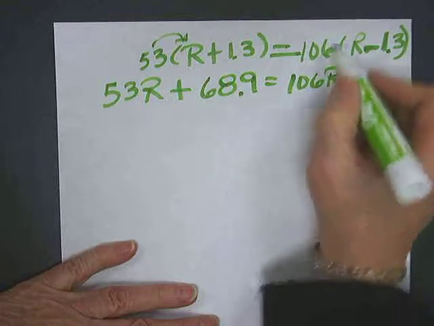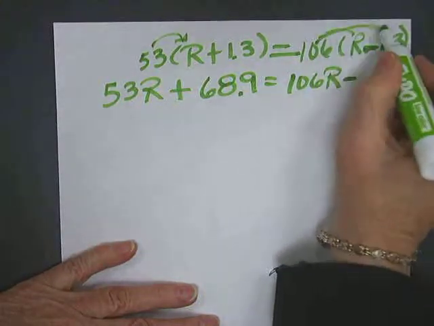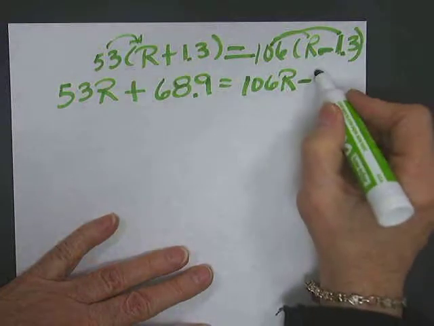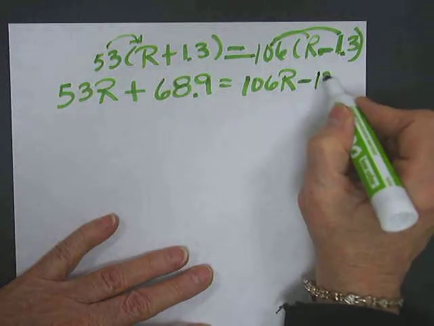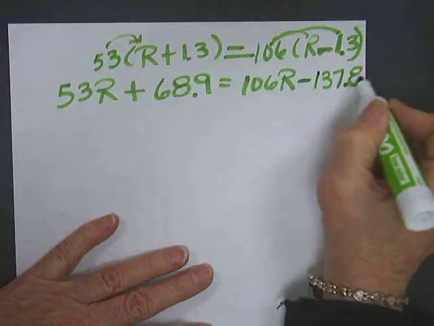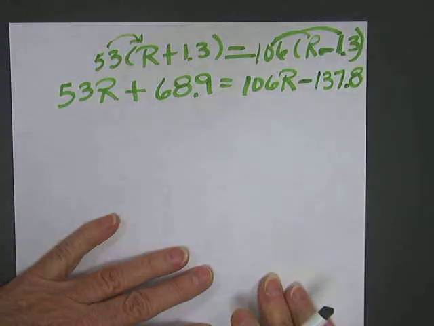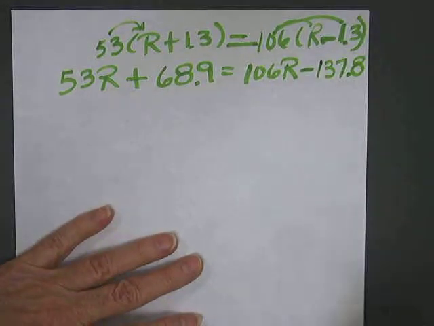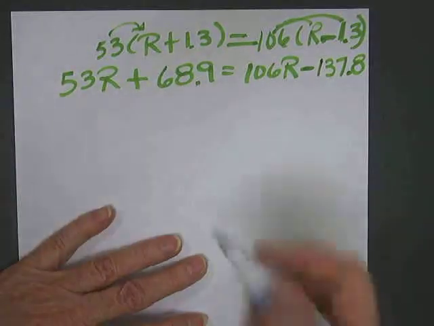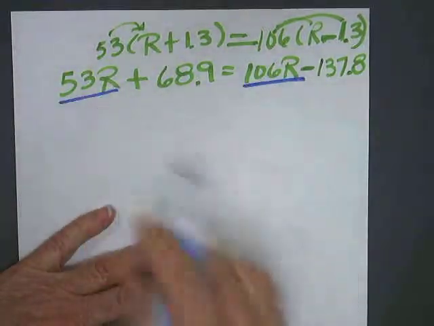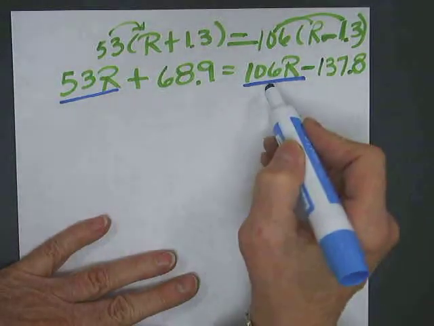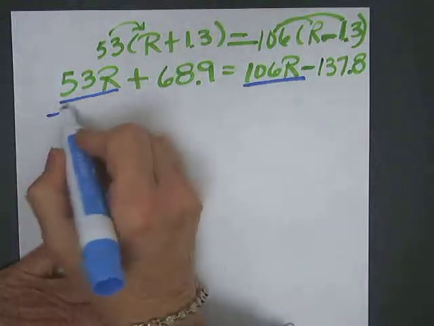Multiply. 53R. What's 53 times 1.3? 68.9? Okay. 106R minus, say it loud, 137.8, is that right? Yes?